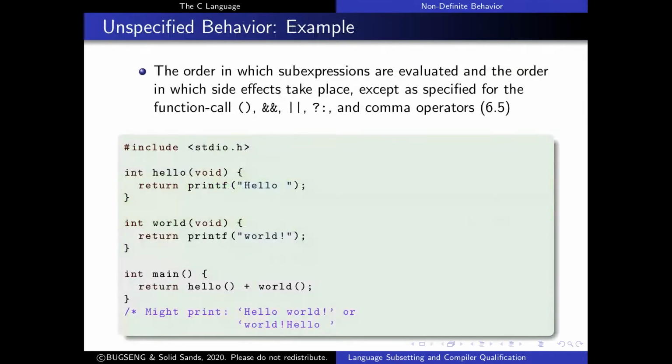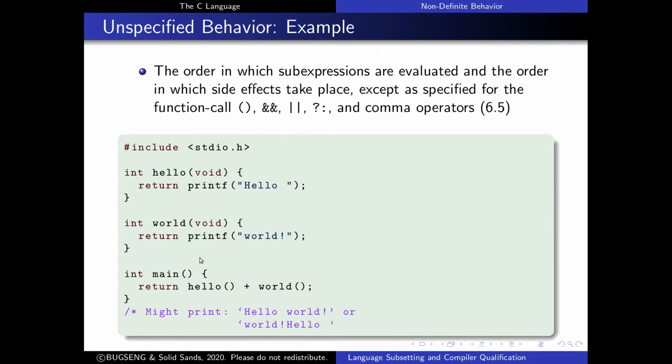Let me show this by means of an example. One of the unspecified behaviors is whether in an addition, and here we have a sum operator, this plus here, the left-hand operand is evaluated before or after the right-hand operand.